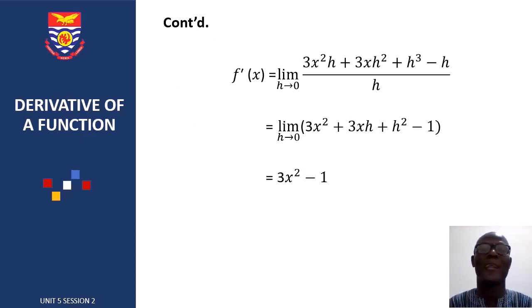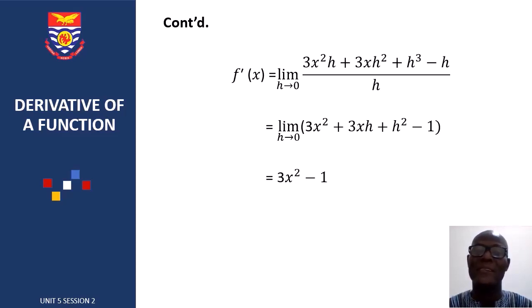Continuing from the last slide, the derivative of the given function f of x, that is f prime of x, is equal to the limit as h approaches 0 of 3x squared h plus 3x h squared plus h to the power 3 minus h, all divided by h. Now the denominator h divides each of the terms in the numerator, which gives the limit as h approaches 0 of 3x squared h divided by h.